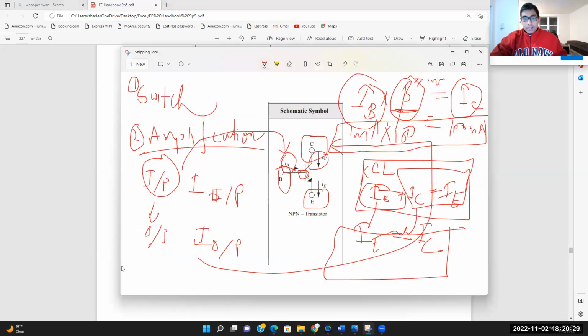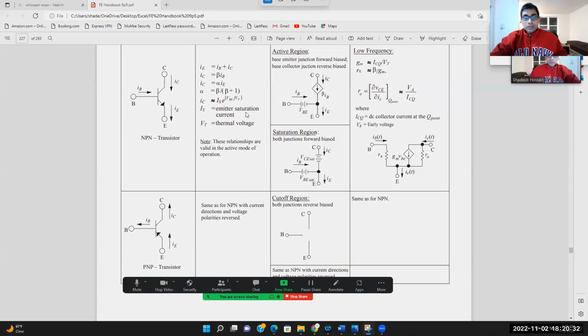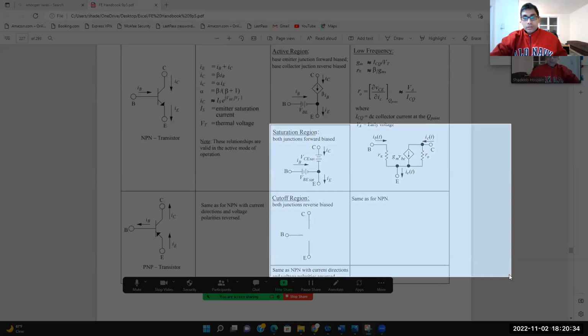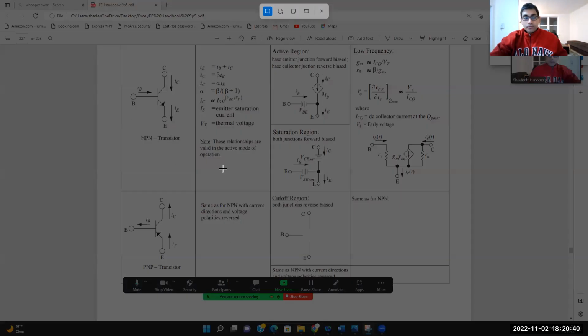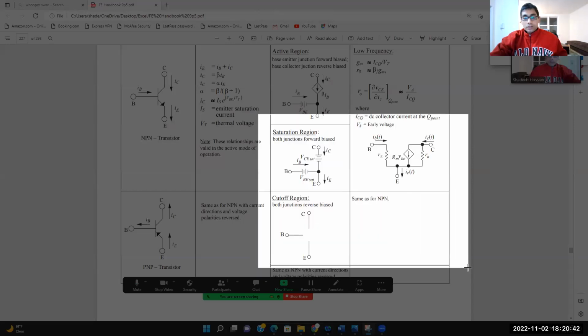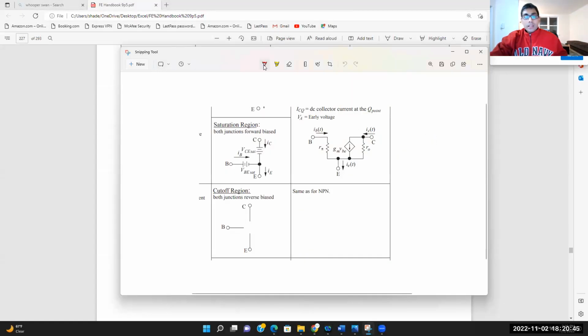So if I'm trying to explain it, if I have a transistor, when I say it's in the cut-off region, that means it's working as an open circuit. That means it's not working at all.